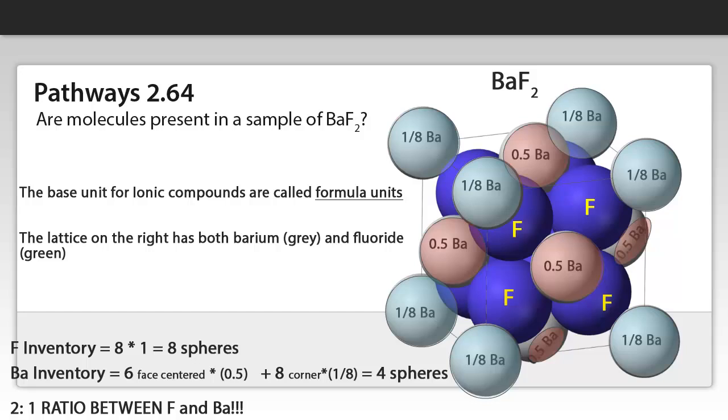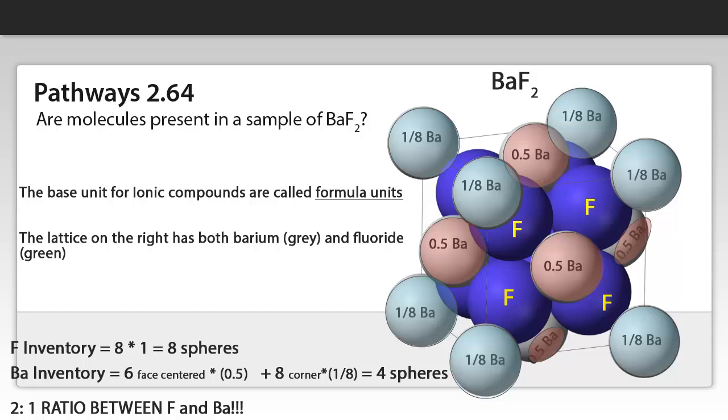Now, the other bariums that are of interest are on the faces of the cubes. These are the ones that are more highlighted in red. Here, here, here, here, here, and then there's one on the back. These, which we might call face-centered barium atoms, belong partially to this unit cell, and they also belong to their nearest neighbor. So they're actually a 50% contribution to this unit cell and 50% to the nearest neighbor.